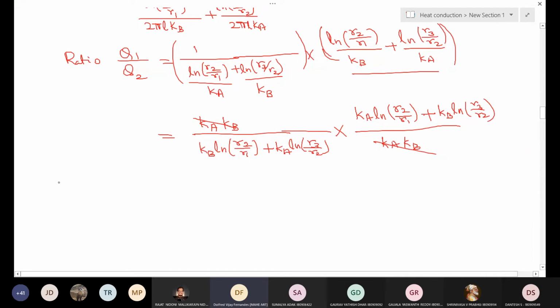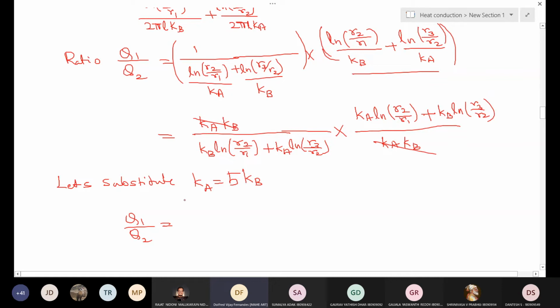Now let's substitute. What is that? Ka equal to 5 times Kb. Wherever Ka is there, you substitute Kb. Okay. So you can write Q1 divided by Q2. So Ka here, that is 5 times Kb, and Kb is here also.